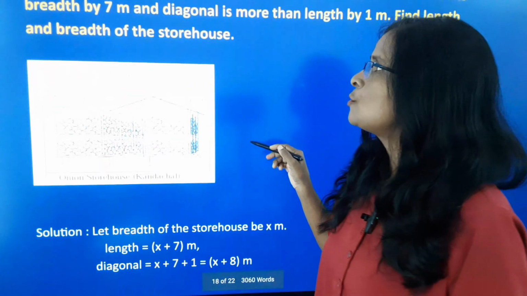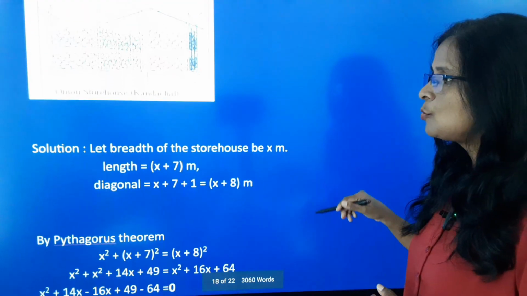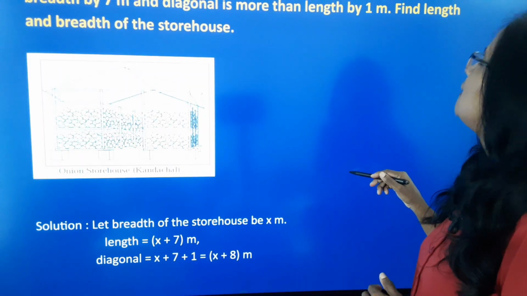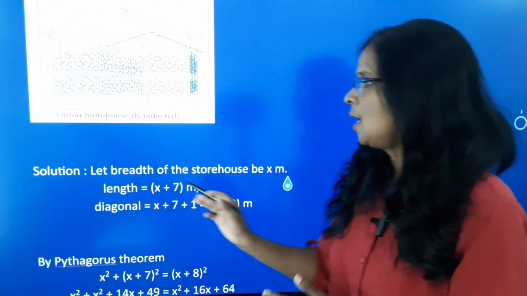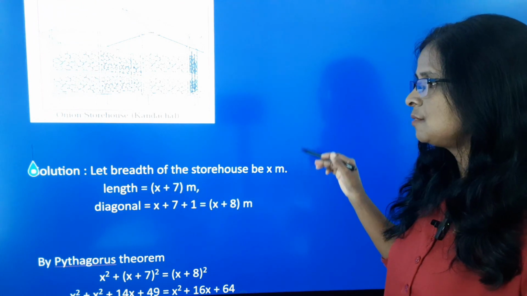Okay students, so now here there are two conditions. First we have to find out the breadth and length of the storehouse. That's why I consider that the breadth of the storehouse is x meters.